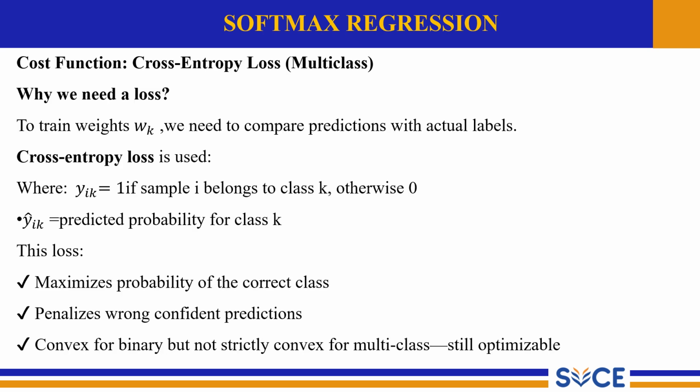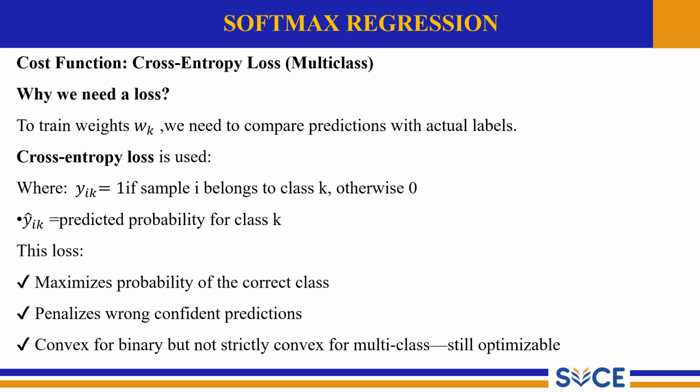Cost function. Why do we need a loss function? To train the weights w_k for each class, the model must compare its prediction with the actual label. For multi-class classification, we use cross entropy loss. Let y_ik equal 1 if sample i belongs to class k, otherwise 0.